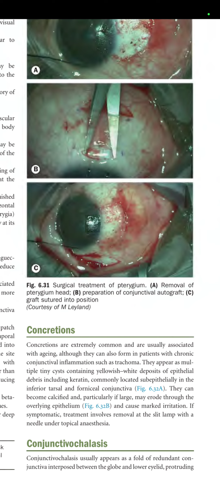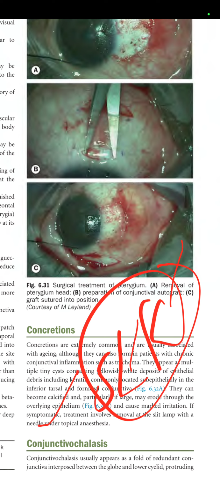One of the important things you must remember: what is the analogous of conjunctivochalasis? It is SLK, superior limbic keratoconjunctivitis, and basically it occurs in thyroid eye disease, and in this case the superior side of the conjunctiva is affected.